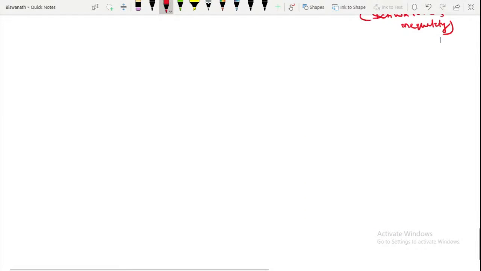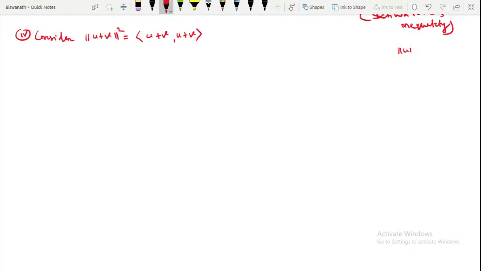Now we'll go to the next one, the triangle inequality. Consider norm u plus v square, which is the inner product of u plus v with u plus v, because we know norm u square is the inner product of u with itself.